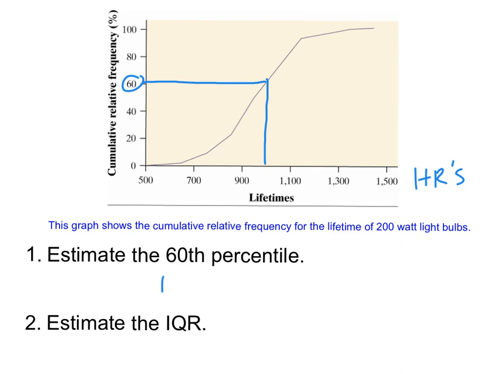And it looks to be about 1,000 hours. So if you've got a bulb that lasted for 1,000 hours, a 200 watt bulb, it was slightly better than average because the 50th percentile would be right in the middle. Okay?